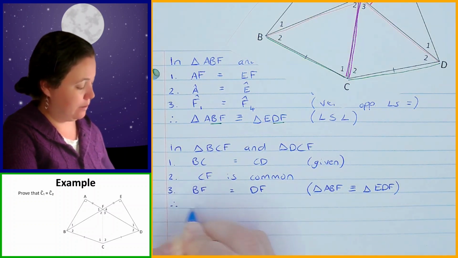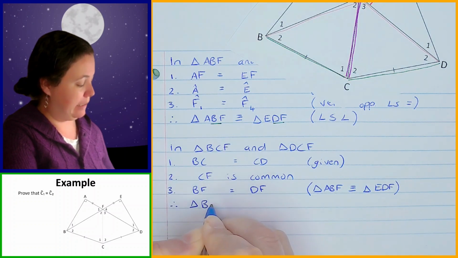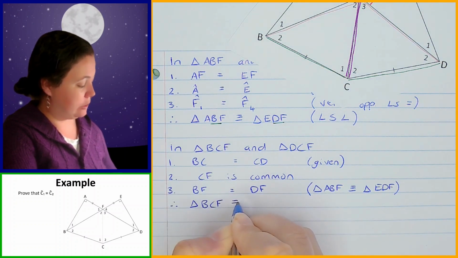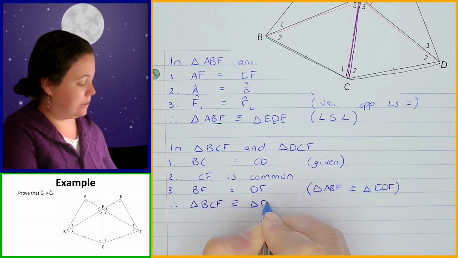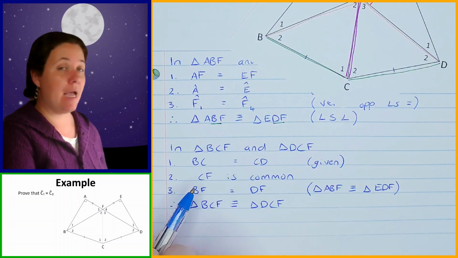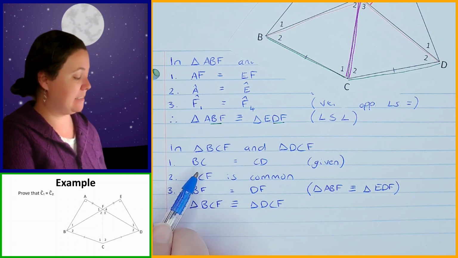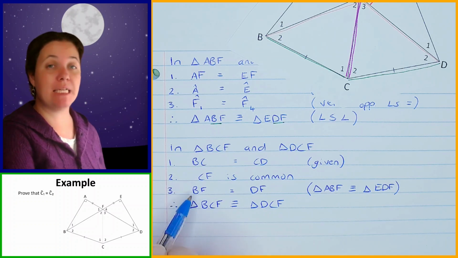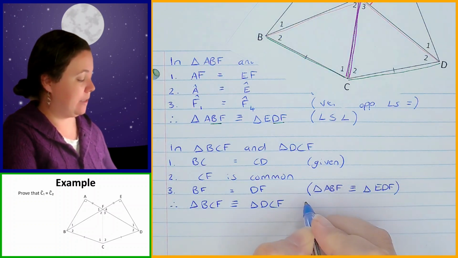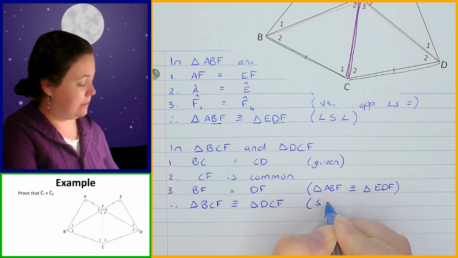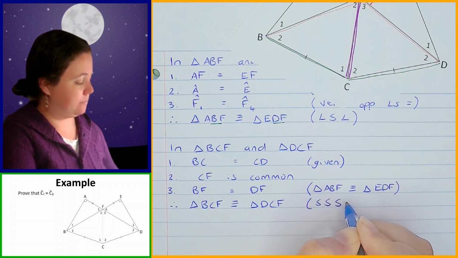So therefore, triangle BCF is congruent to triangle DCF. And my reason for being able to say that is side, side, side. I've got three pairs of sides that are equal to each other. So side, side, side.